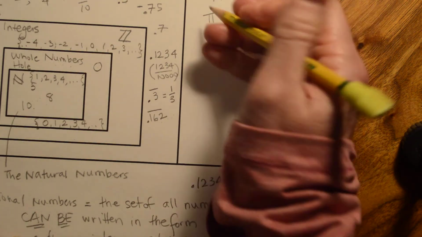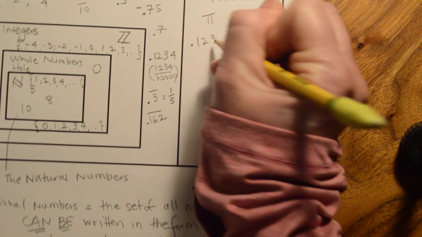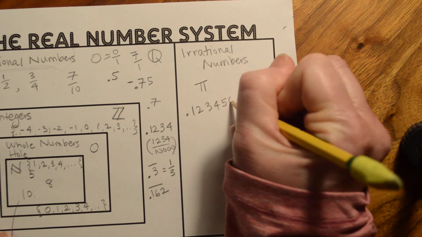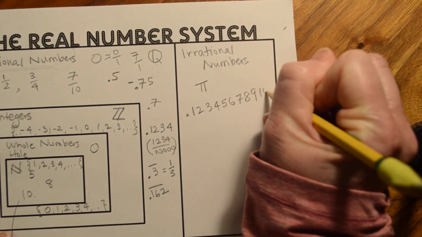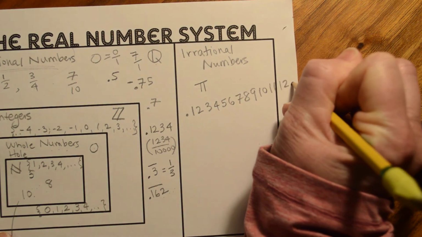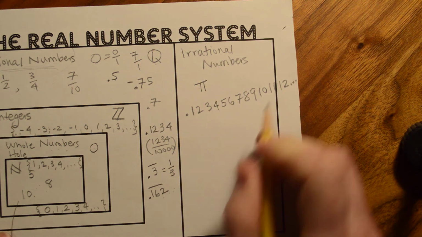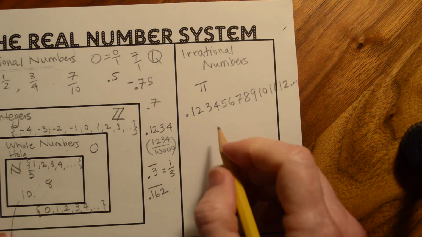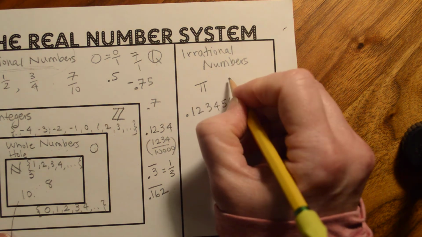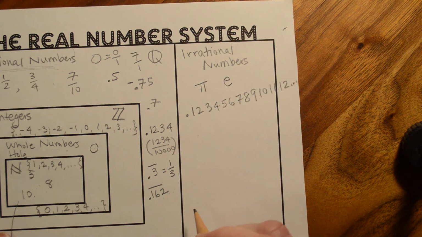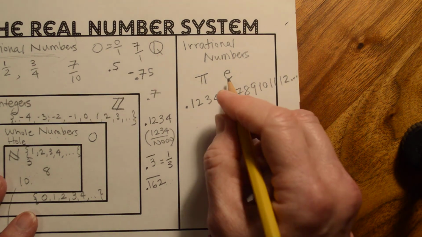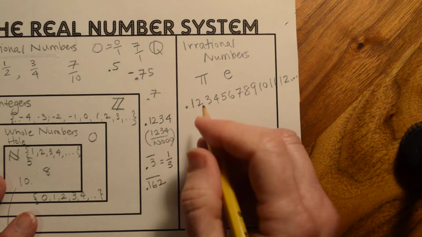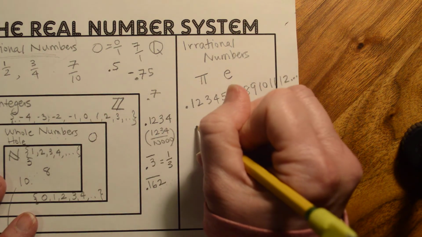So this example that I gave to you of 0.1, 2, 3, 4, 5, 6, 7, 8, 9, 10, 11, 12, that one right there, that would be irrational because it does not end and it doesn't repeat. There is another number that has a symbol. It's called e. You won't learn about that until you get to calculus, but that is another famous irrational number. Lots and lots of other famous irrational numbers.